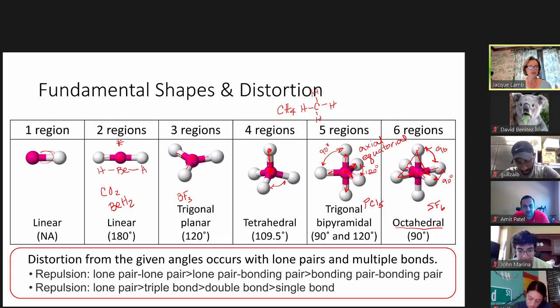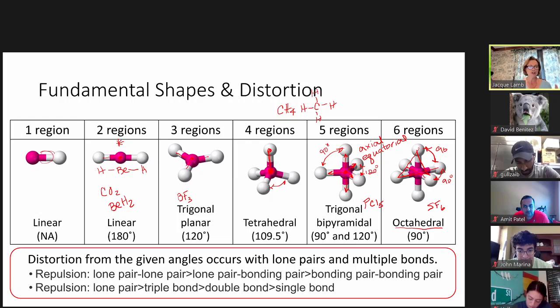That repels more than lone pair bonding pair, and that repels more than bonding pair. You also have lone pairs will repel greater than triple bonds, which will repel greater than double bonds, which repel greater than single bonds. So you have varying repulsion between neighboring electron domains depending upon what character those electron domains are.